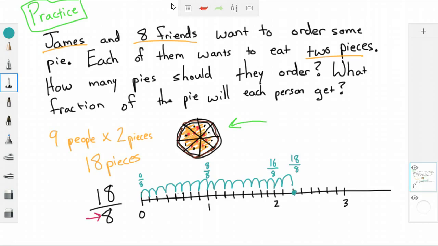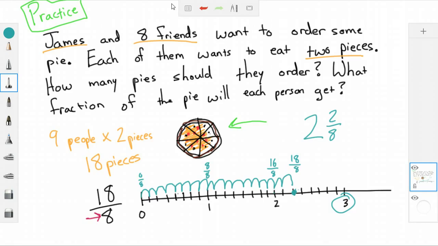Okay, so how much is this total? Well, I can see I'm at 2 whole pies. I'm going to need 2 whole pies, and then 1/8, 2/8 of a third pie. So if I'm going to need 2 2/8 pies, I'm going to need to order 3 pies total, and I'll have all of these pieces left over on my last one.